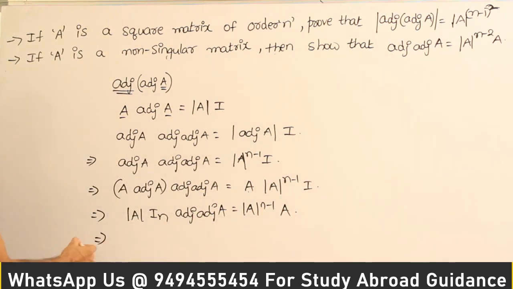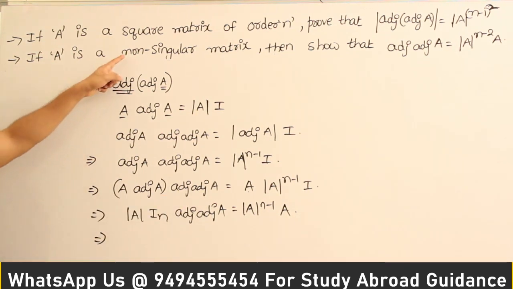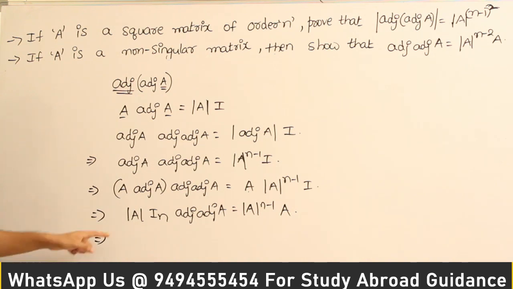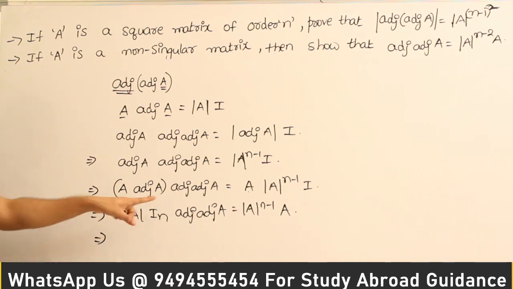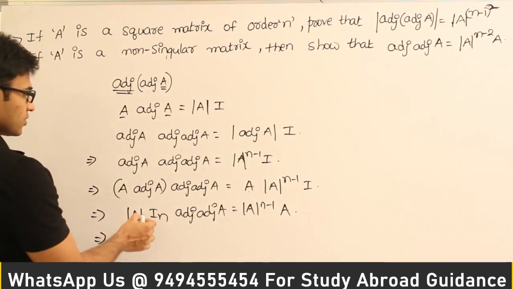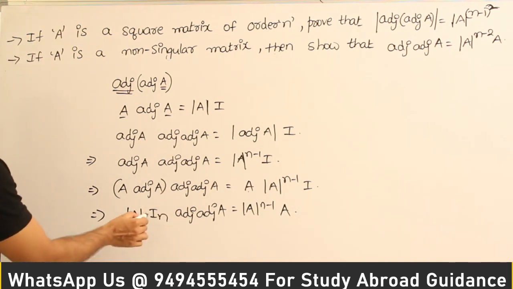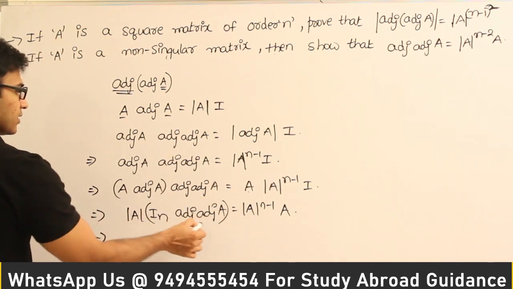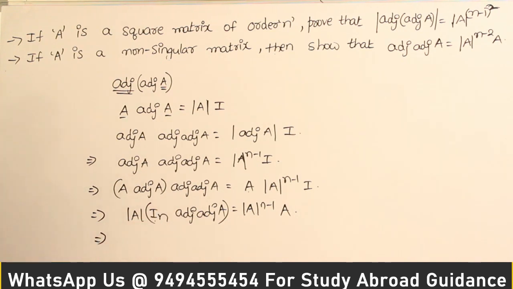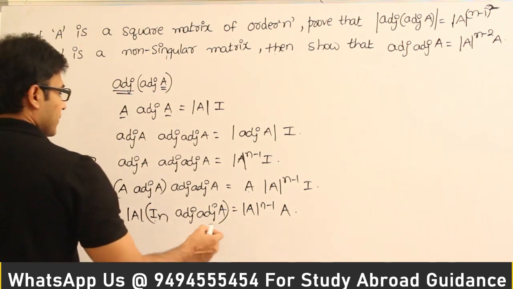So now we can divide both sides with det A. How is it possible? Since it is non-singular, which means det A is not equal to 0, we can divide both sides with det A. And we know that anything multiplied with identity matrix is the same.